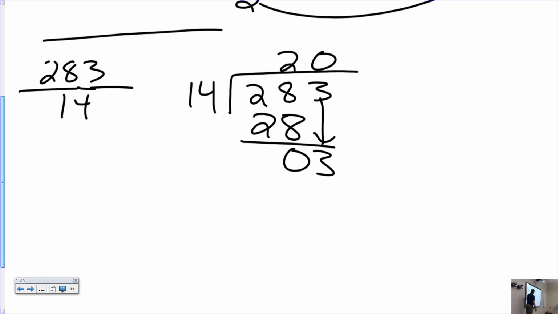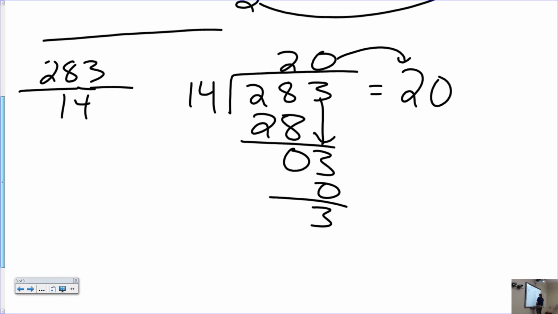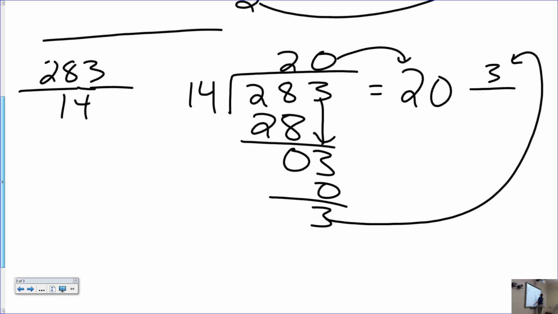So every now and then I'll get someone who will tell me that this is 2 3/14. It's like, what? Really? Okay, don't do that, right? There's your remainder. Use those numbers to again build your mixed fraction. So whatever is up here becomes your whole number. Whatever is your remainder becomes your numerator. Always keep the denominator the same.